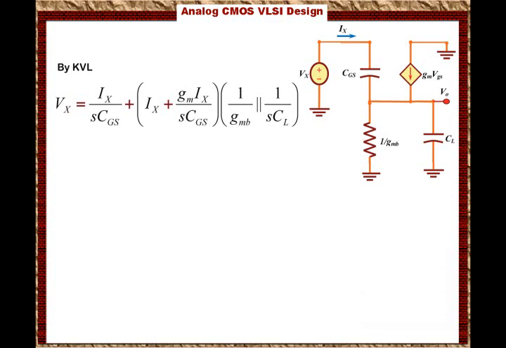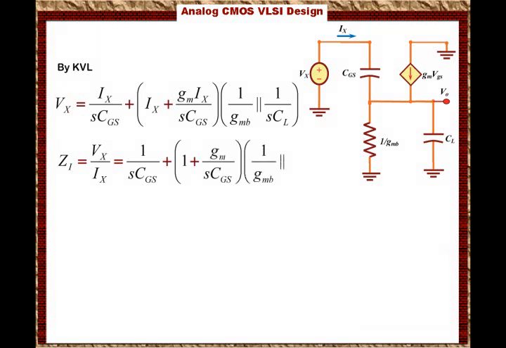So now we can say that Zi, the input impedance, is Vx over Ix. By factoring Ix and dividing both sides of the equation, what we will have is 1 over sCgs plus 1 plus gm over sCgs times 1 over gmb in parallel with 1 over sCL.